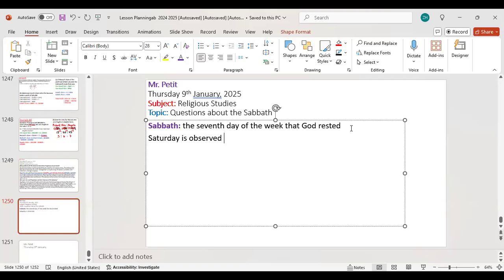Some Seventh-day Baptists and stuff like that, they do it on Sabbath. But you have some churches who are open on Saturdays, but not all. Most churches are open on Sunday, at least in the Bahamas. But if you go to any Jewish community, Saturday is the day. So Saturday is observed as the Jewish Sabbath.